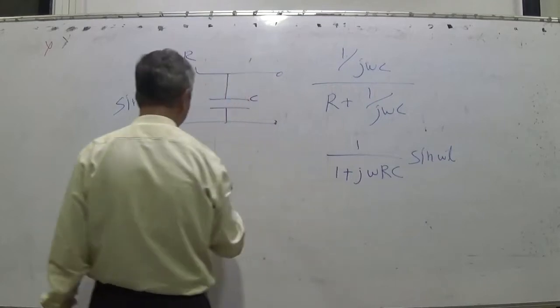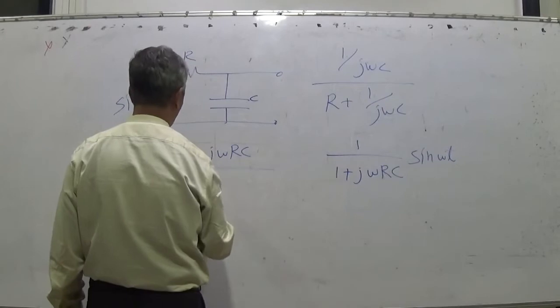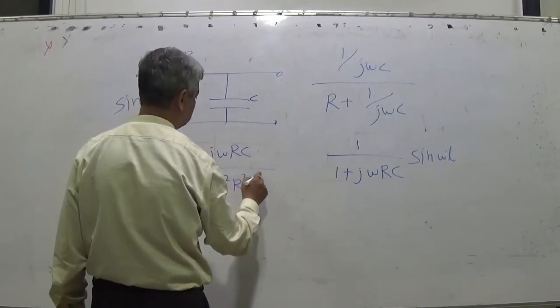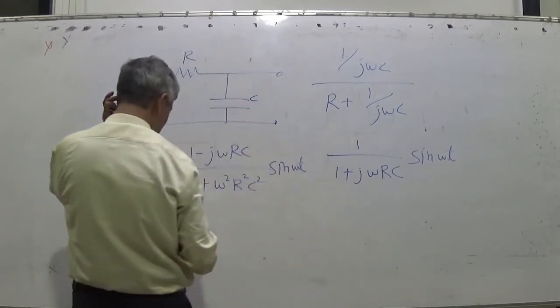Rationalizing it, we get 1 minus j omega RC upon 1 plus omega square R square C square, sin omega t.